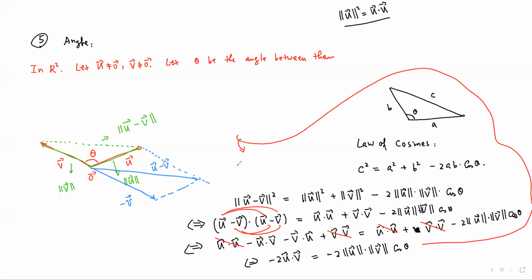If and only if, cancel negative 2, U dot V is the length of U times the length of V times cosine. Then move this length to the left side, and we have this formula: U dot V over the length of U times the length of V.